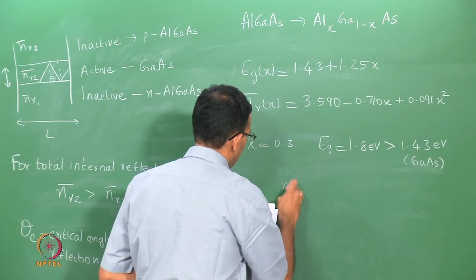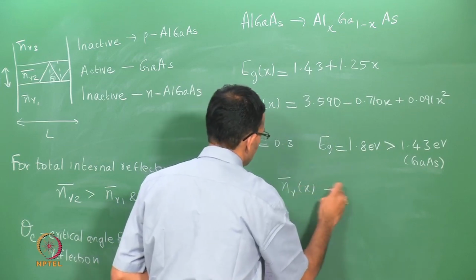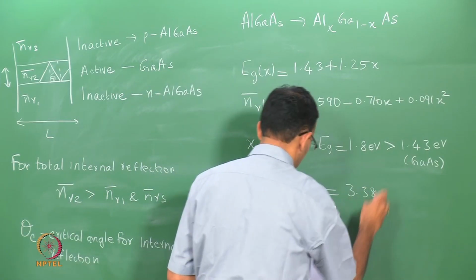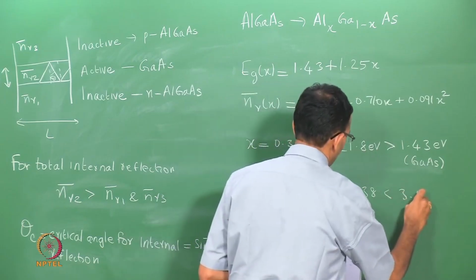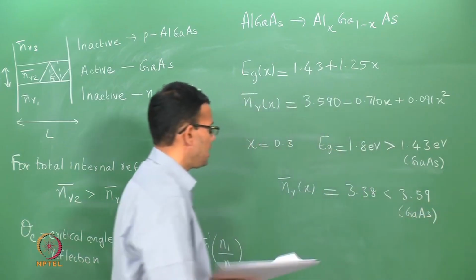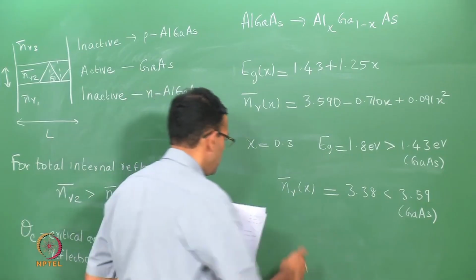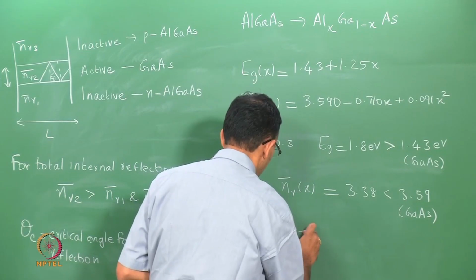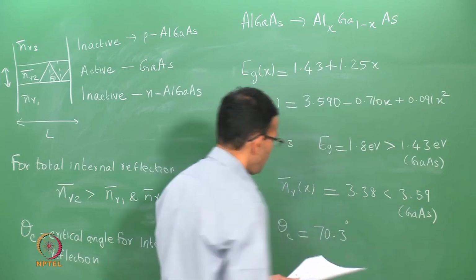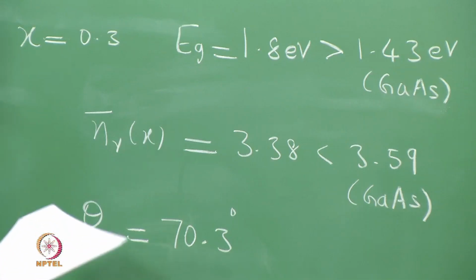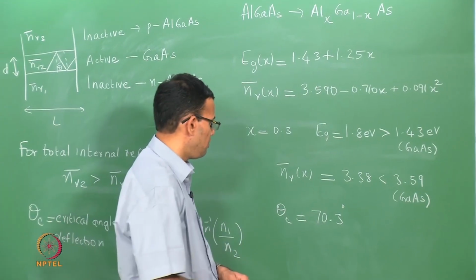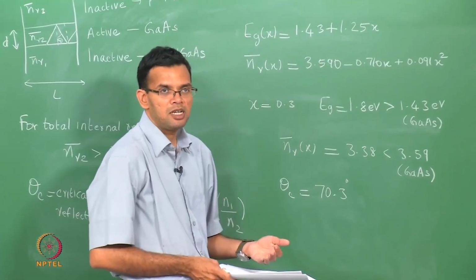Similarly, you can calculate the refractive index for x equal to 0.3, which is 3.38, which is less than 3.59, the value of gallium arsenide. So, theta c comes out to be 70.3 degrees. If your incident radiation has angle greater than theta c, then we will have total internal reflection. If it is less than theta c, it will be partially reflective.